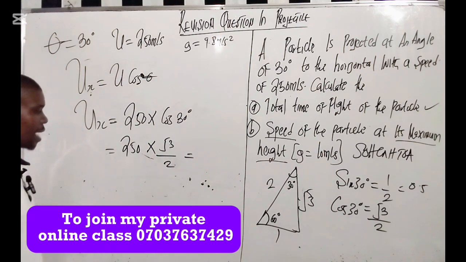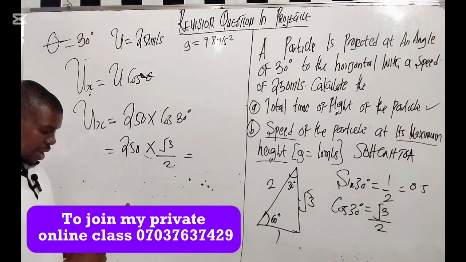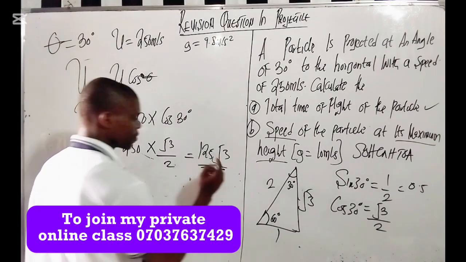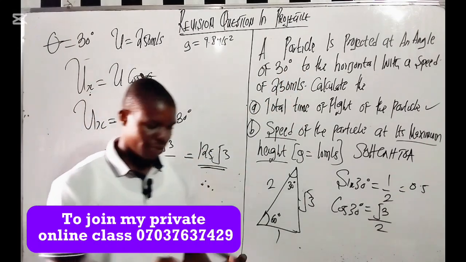It is not degrees here. So 250 divided by 2 gives us 125 square root of 3. This is the answer to this revision question.